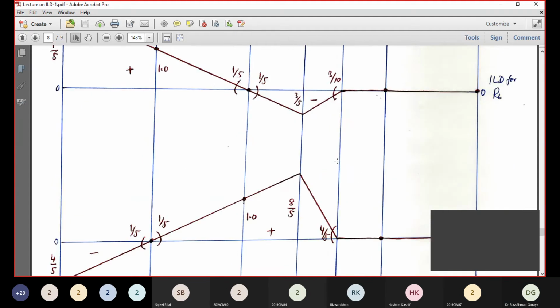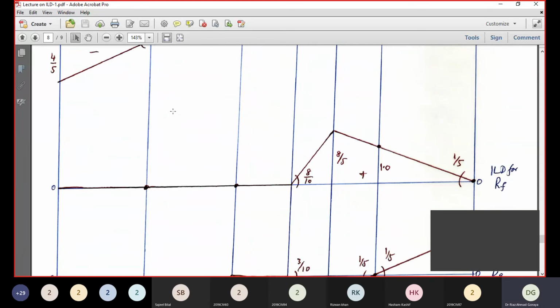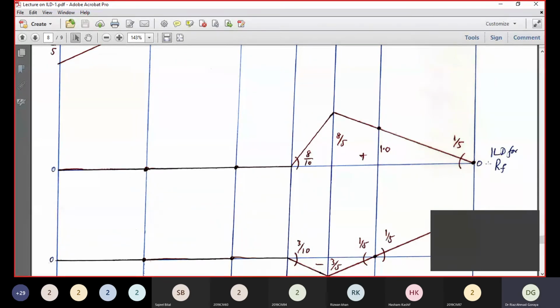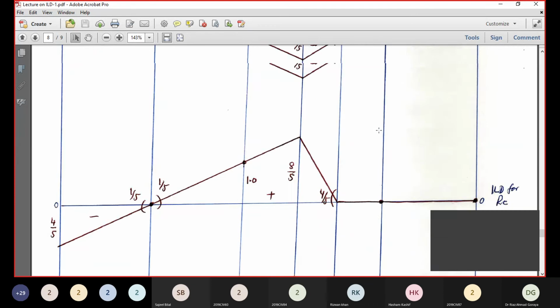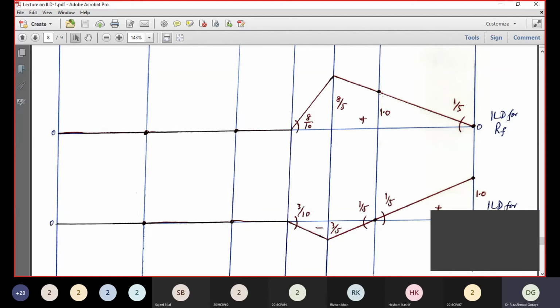Similarly, ILD for RF. Give a unit positive displacement at F, 0 at G, 0 at C, 0 at B. So 1, 0, and these two zeros. So join this 1, the point at F with point at G with a straight line.